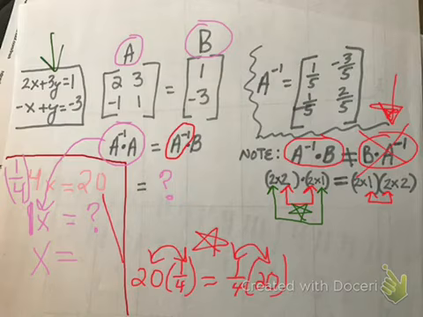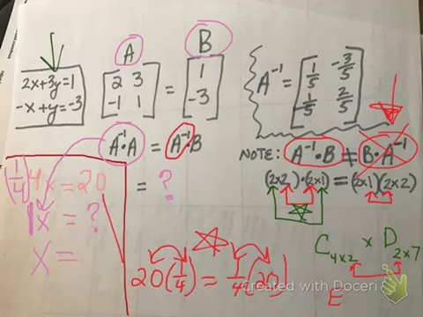So for example, let me just switch gears here. If we have a matrix C, let's say, that's a 4 by 2, and I multiply that to a matrix D, which is a 2 by 7, I'm just making this up. The 2 matches the 2. The answer will actually be a matrix we'll call matrix E. It will be a 4 by 7.